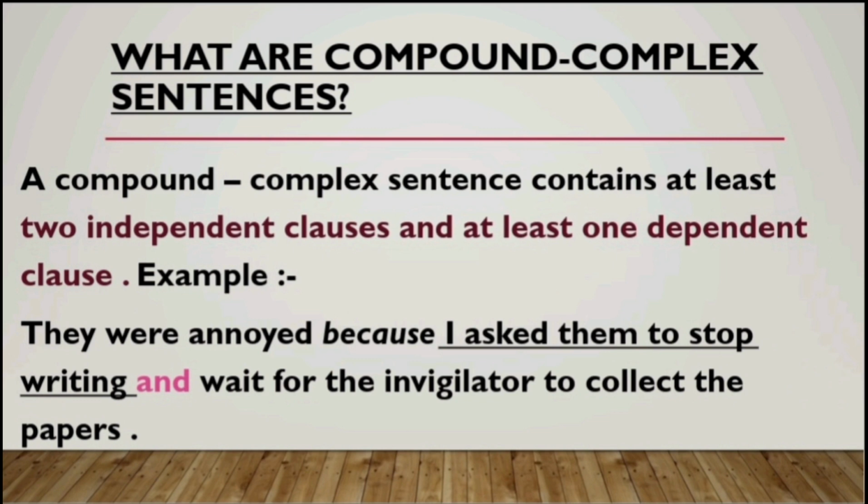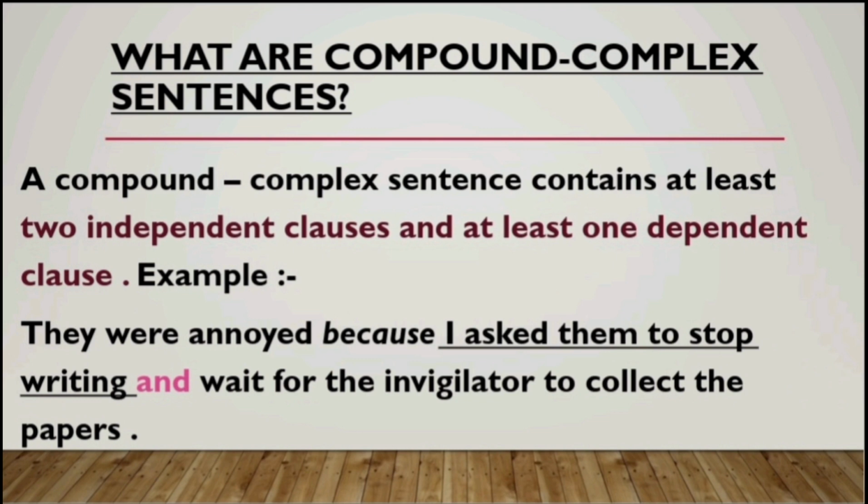So let's get started. What are compound complex sentences? Basically, a compound complex sentence contains at least two independent clauses and at least one dependent clause. As the name suggests, it is a mixture of both types of sentences.